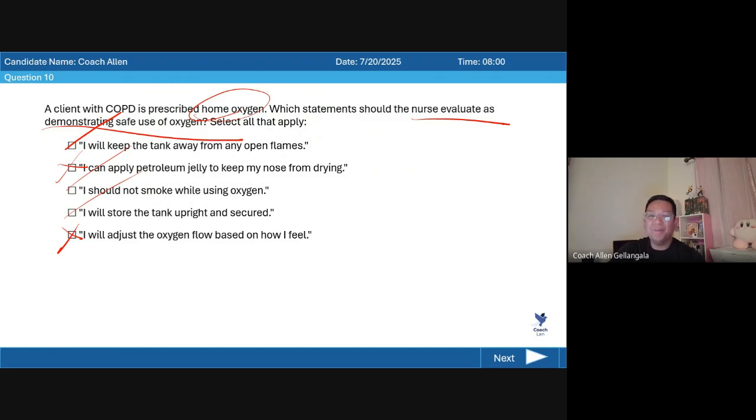The next thing you know, your diaphragm would stop working. There would be respiratory arrest. Thank you very much. So that is our select all that apply discussion.